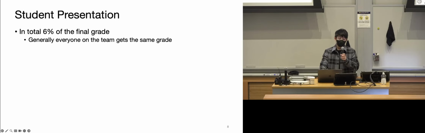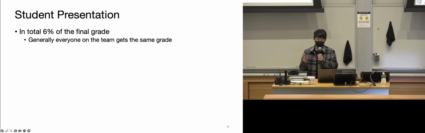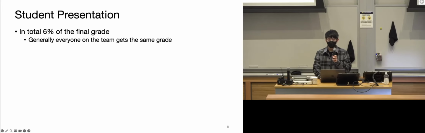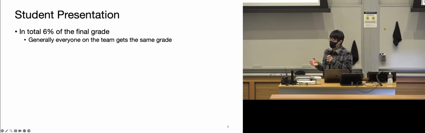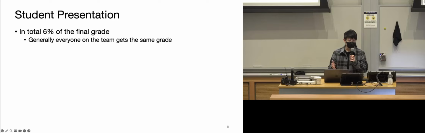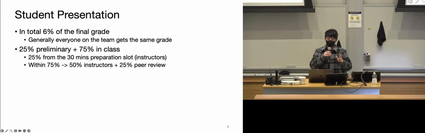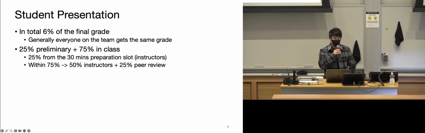Overall, this will count for about 60% of your final grade, and generally everyone on the team will get the same grade, unless you don't really talk or you miss your presentation. If you do have to miss your presentation, let us know as soon as possible, so that we can arrange accommodations with your accommodation letters or doctor's notes or whatever. The breakdown will be 25% preliminary and 75% in class.